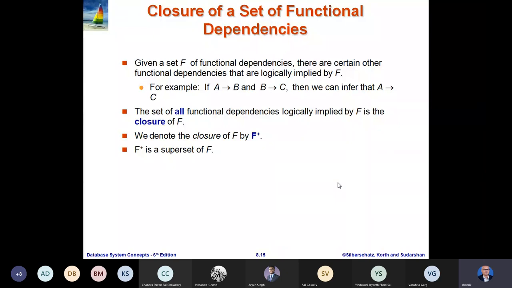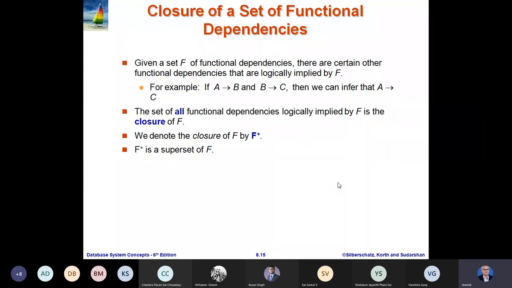But what is important is that this is what we mean by getting new functional dependencies through logical implications of the set of FDs given to us as capital F. Now, the set of all functional dependencies logically implied by F, that means F is given to us, which is a set of functional dependencies to start with, is called the closure of F, and we denote the closure of F by F plus. And of course, F plus is a superset of F, which is trivial.